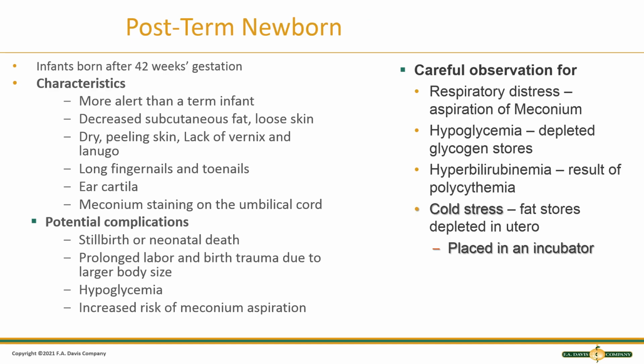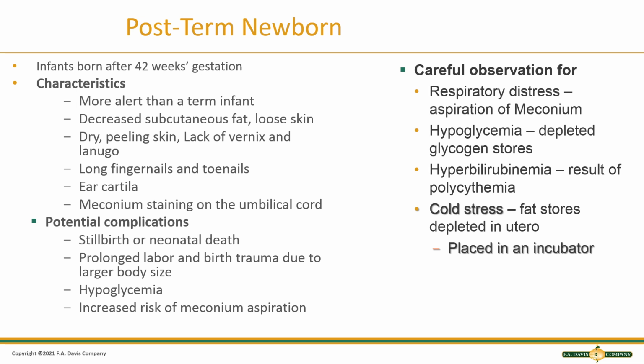The post-term newborn is defined as infants born after 42 weeks gestation. The reason can be unknown. In some cases, the placenta begins to detach and break down, which leads to placental insufficiency. Sometimes nutrition and oxygen is lacking.